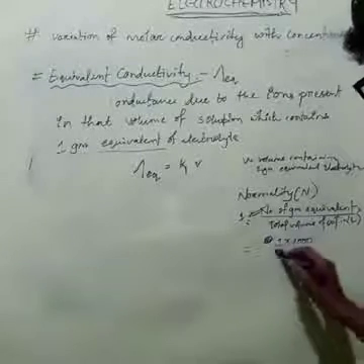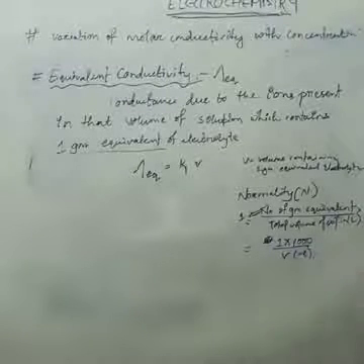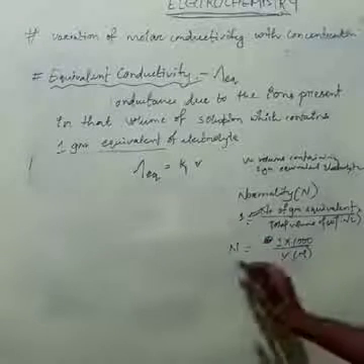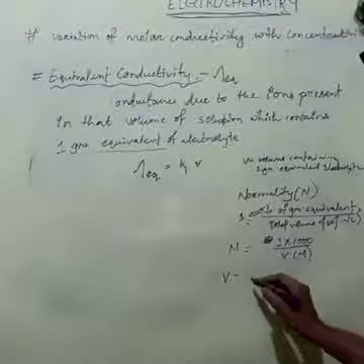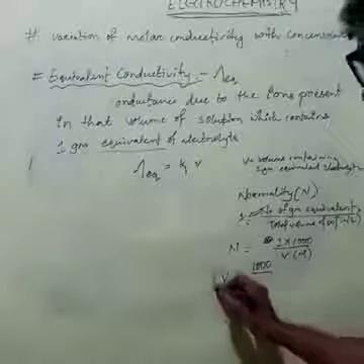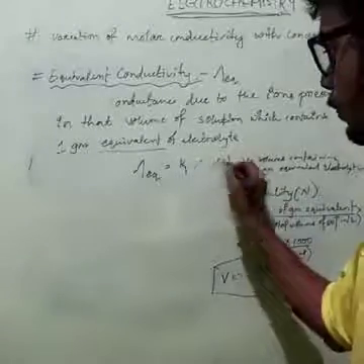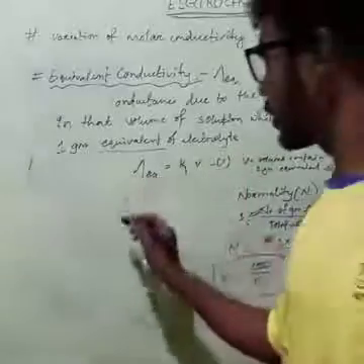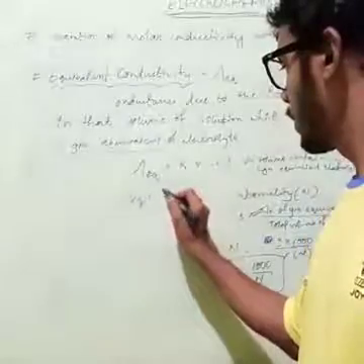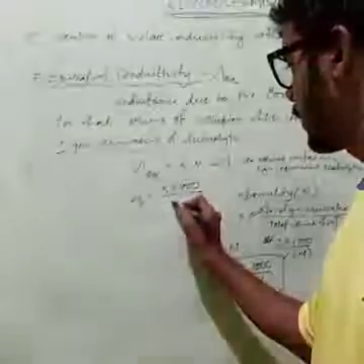So 1 into 1000 by, suppose, V ml, this is your N. Or V you can write as 1000 by N. So if you put the value of V in gram equivalent conductivity, that equals kappa into 1000 by N.